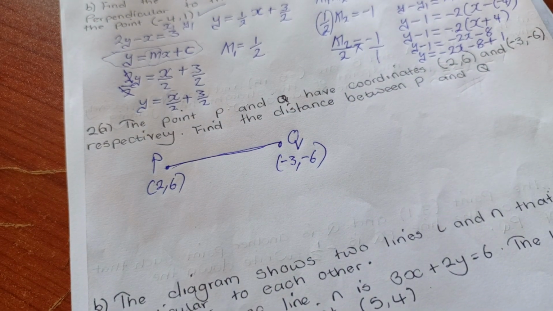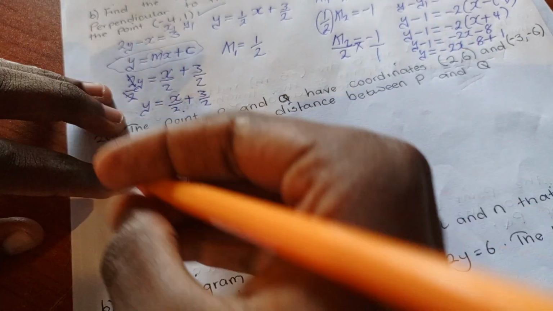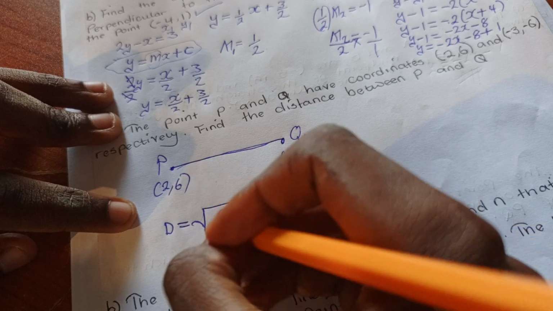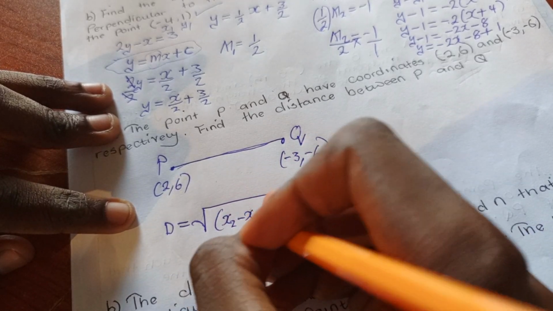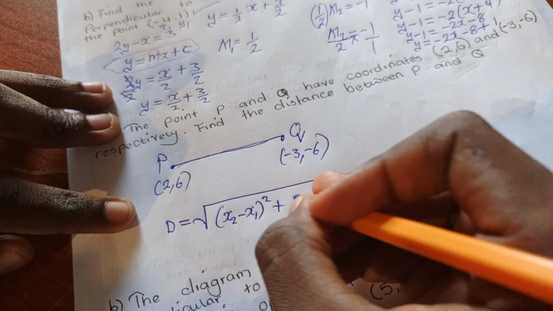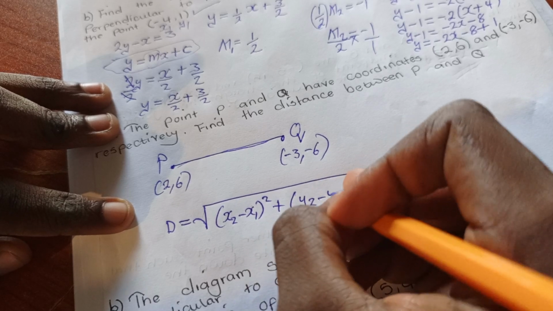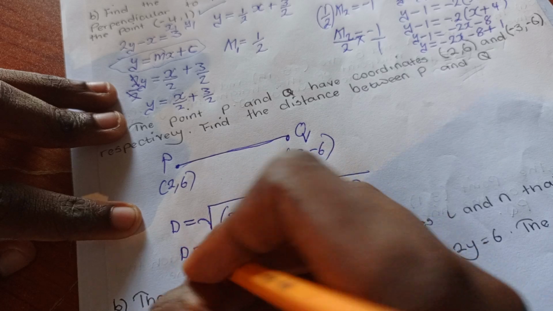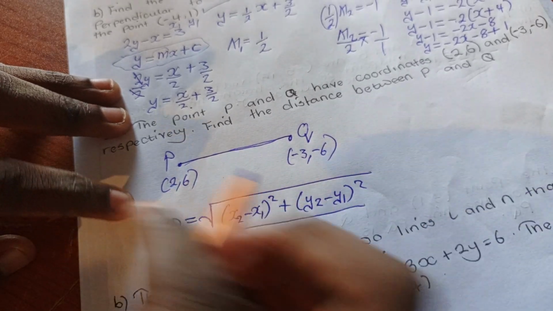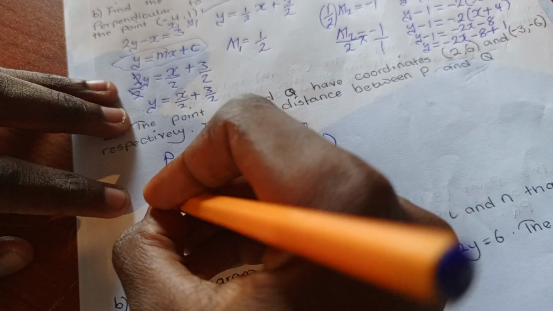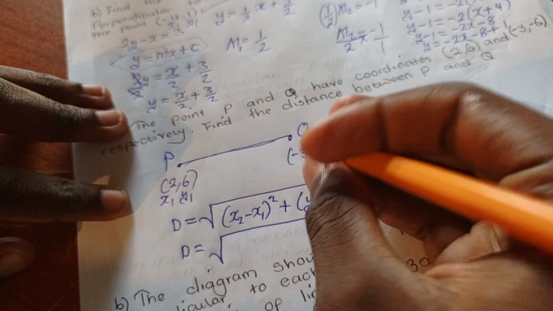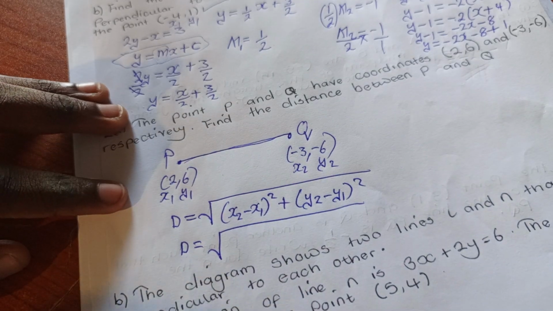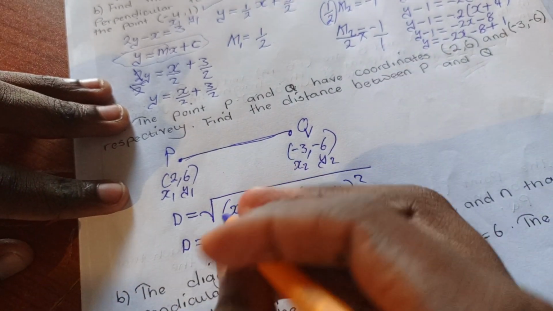So the formula we use to find the distance is: distance is equal to the root of (x2 minus x1) squared plus (y2 minus y1) squared. So you can label the points now. This will be your x1, this will be your y1, this will be your x2, and this will be your y2 there. So we replace now.